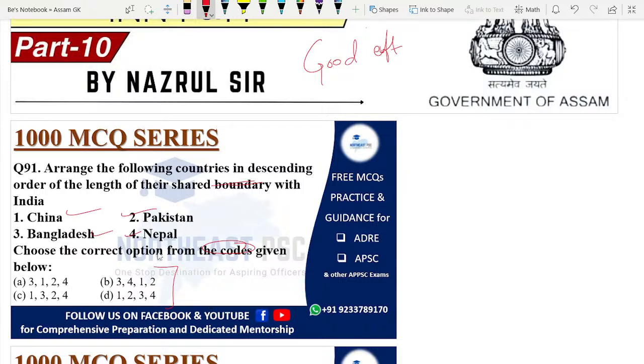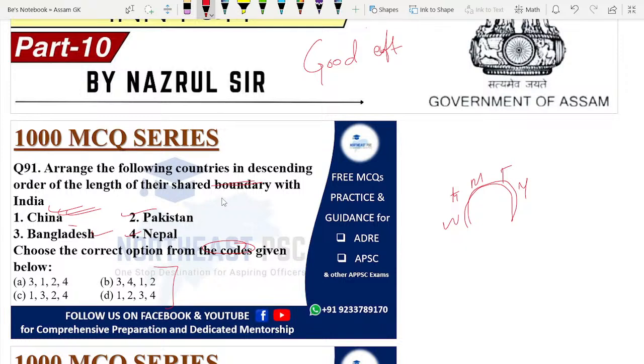Before going any further, Bangladesh is somewhat sandwiched between most of the northeastern states, starting from Assam, Meghalaya, then Tripura, Mizoram, and also West Bengal. All these states share boundaries with Bangladesh. China shares borders with Jammu and Kashmir, Uttarakhand, Himachal Pradesh, then Arunachal Pradesh.